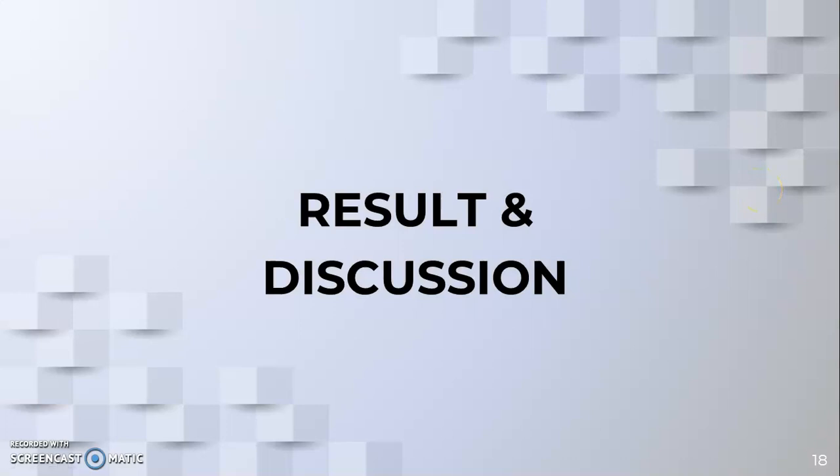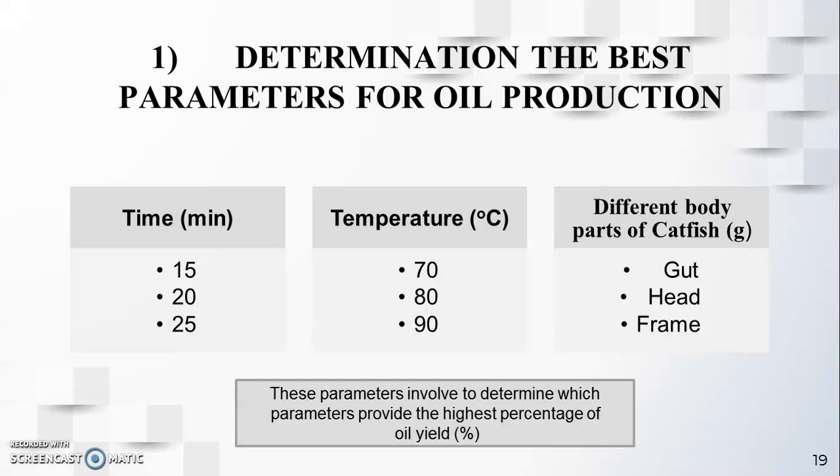Next is result and discussion in this experiment. So as you can see here, there are parameters involved in determining which parameter can produce the higher oil yield. The first parameter is time, which is 15, 20 and 25 minutes.